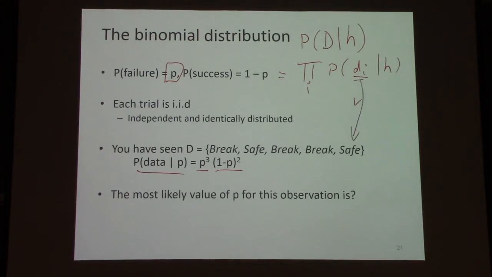And so we've written a functional form for the likelihood function. So this is exactly the likelihood function. Maximum likelihood estimation is asking, what's the value of p that maximizes this quantity?